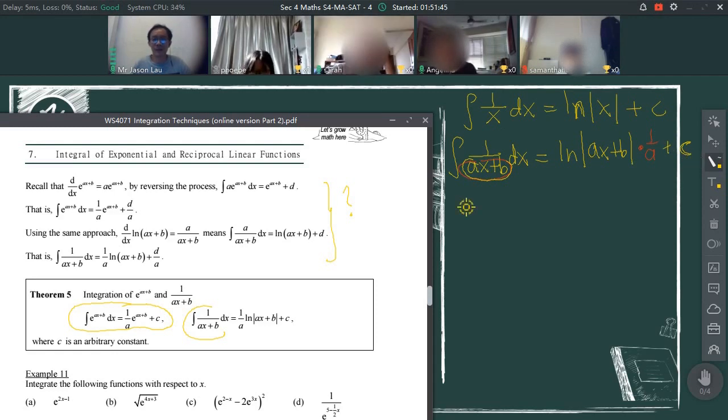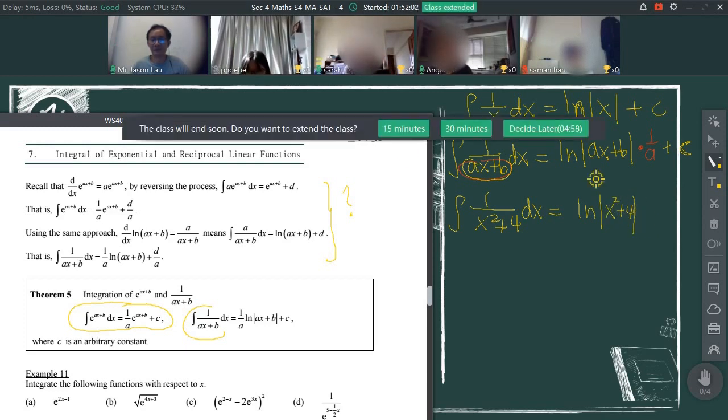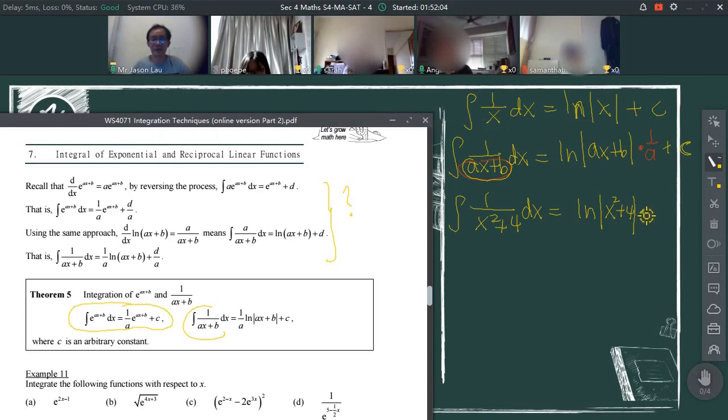Okay, what if the question is like this? If I differentiate x squared plus 4, what is the answer? 2x, right?